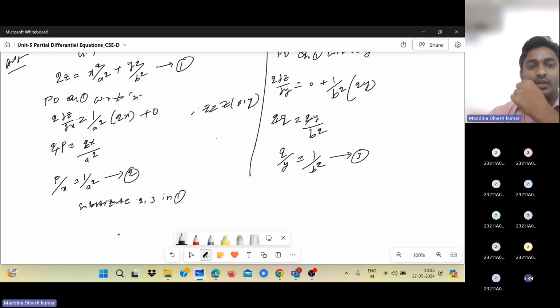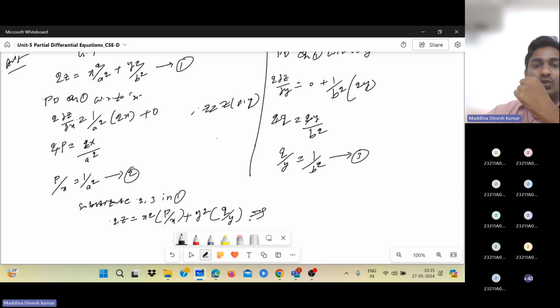Then you will get 1 by a square, x square writing outside. In place of 1 by a square, you can write p by x, plus y square writing outside. In place of 1 by b square, you can write q by y.